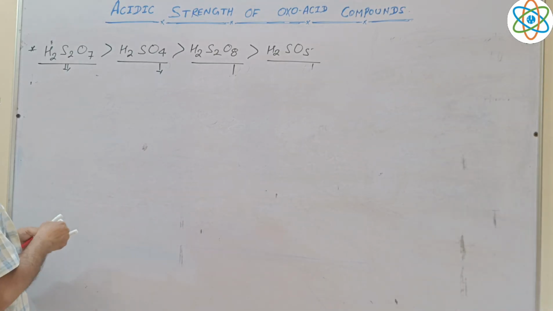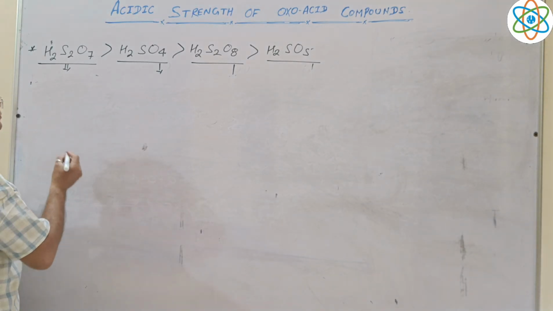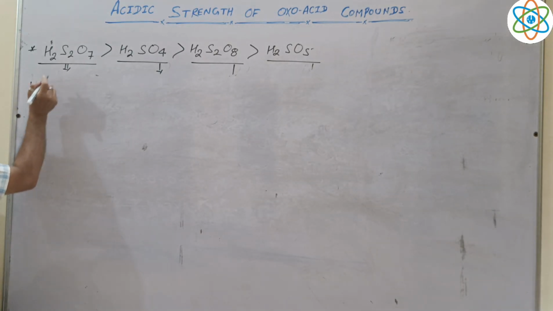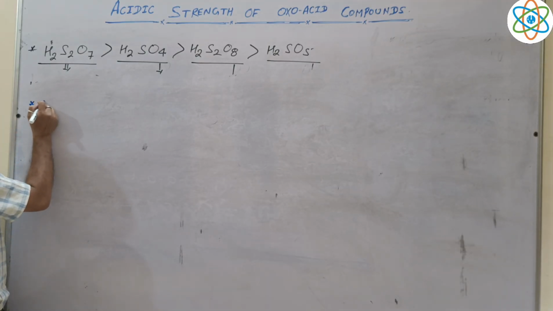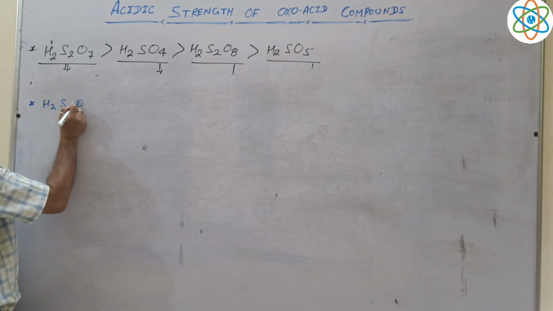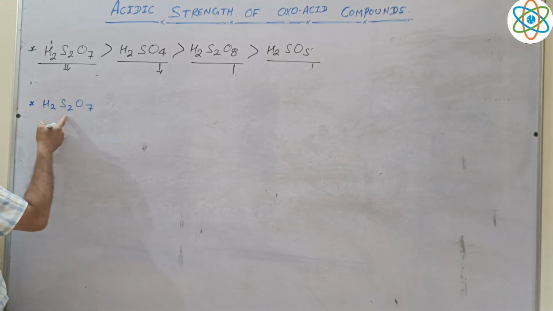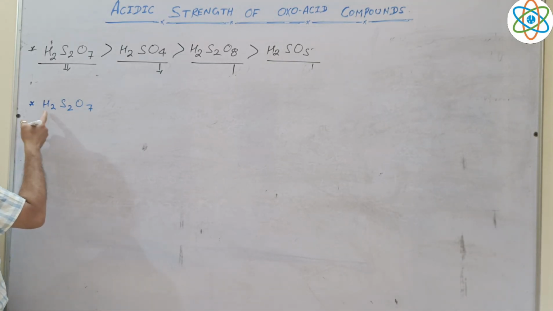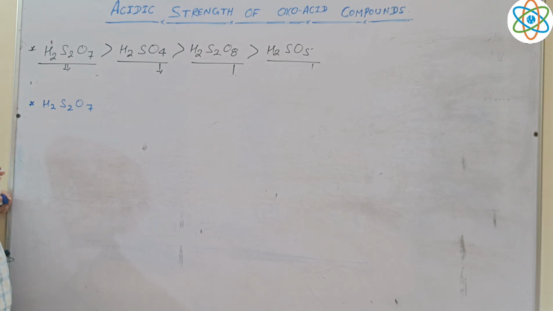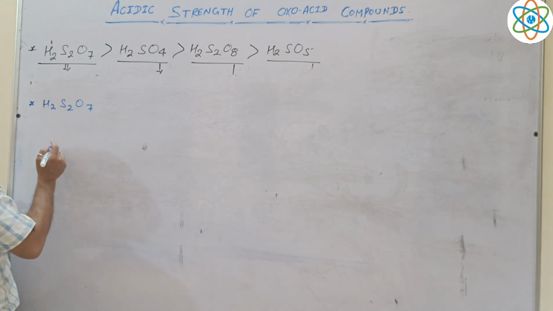Then I am going to make the structure. What is the structure of H2S2O7? This is a molecule having 2 sulfur atoms, 7 oxygen atoms and 2 hydrogen atoms. Then 2 oxygen atoms go with each hydrogen atom.